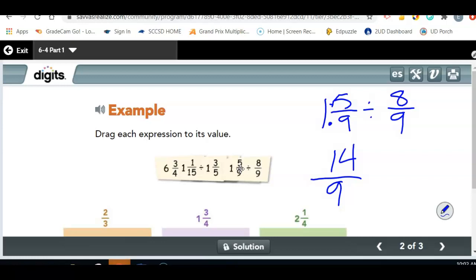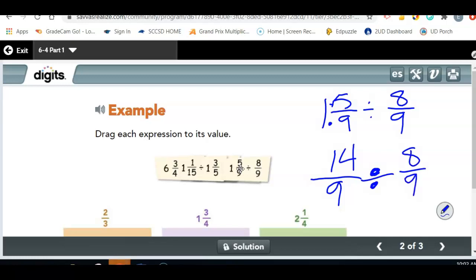Please, everyone, when solving these, do not change it to multiplication right away. And I know I'll say this multiple times, and people will still do it. I don't know why, because it does not take any longer to write it as a division problem and then keep, change, flip. Because if you don't do that, you will not flip it correctly. It happens all the time. So I rewrite it as 8/9.